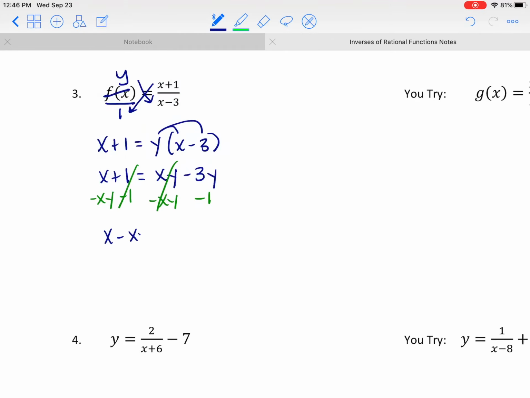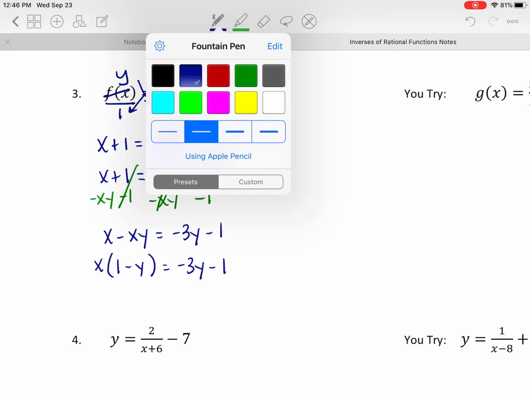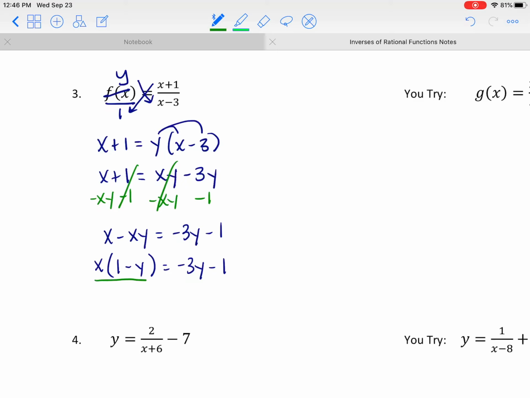So what I have is an x minus an xy here, and a negative 3y minus a 1 on the other side. Now these two terms have an x in common, so I'm going to factor that x out, which will leave me 1 minus y. And now I can get that 1x by itself with division. x is being multiplied by 1 minus y, so I'm going to divide both sides by 1 minus y.